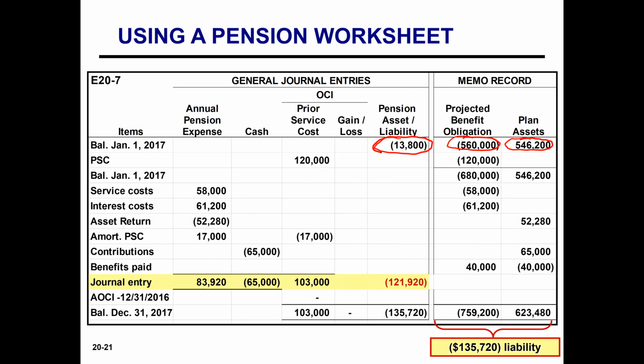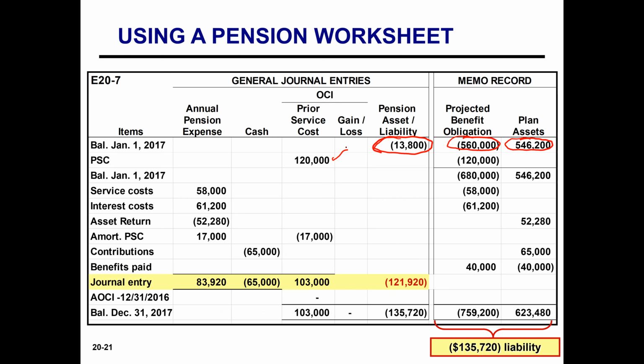Now, prior service cost, 120,000. We see that here. It said that on January 1, 2017, Rydell Corp., through a plan amendment, grants prior service benefits having a present value of 120,000.